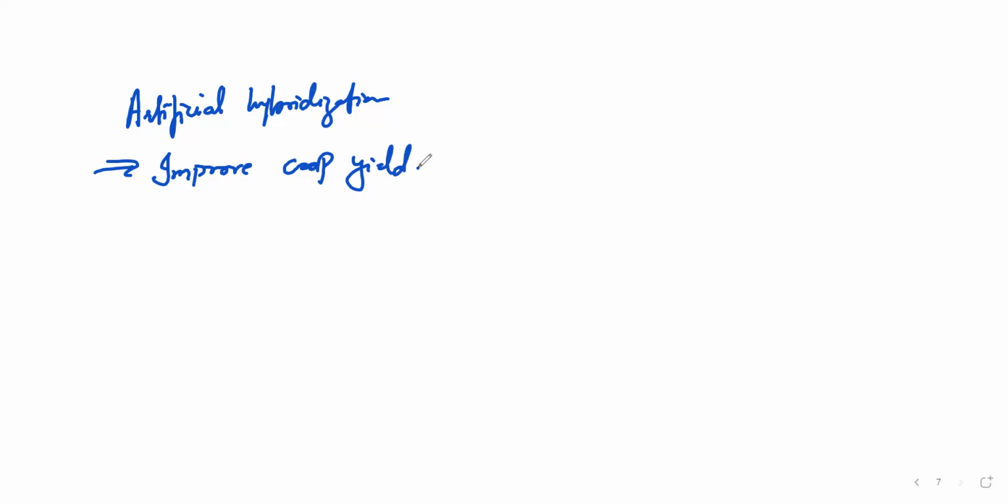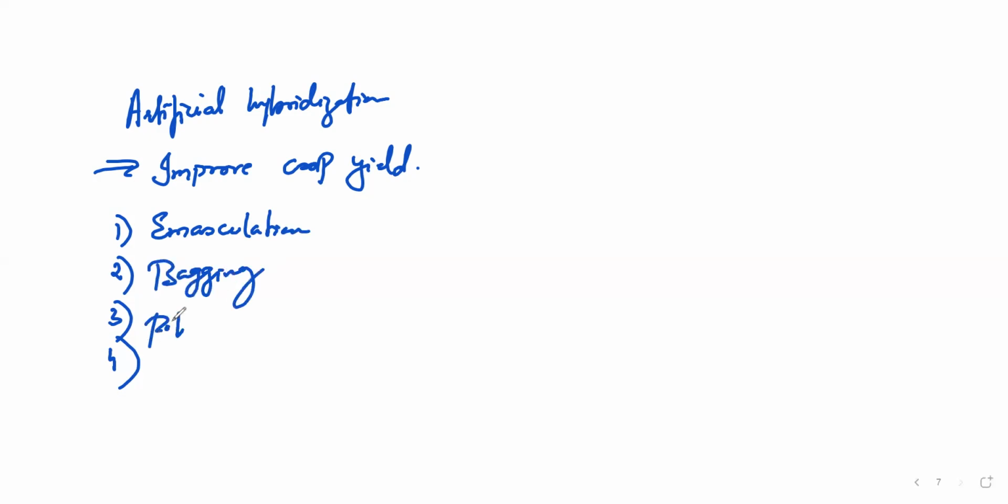So now we know one thing, that artificial hybridization improves the crop yield, means it will give better pollen grains for the pollination purpose. So there are basic 4 steps which you can consider over here. Okay, one is called emasculation, bagging, pollination, and rebagging.